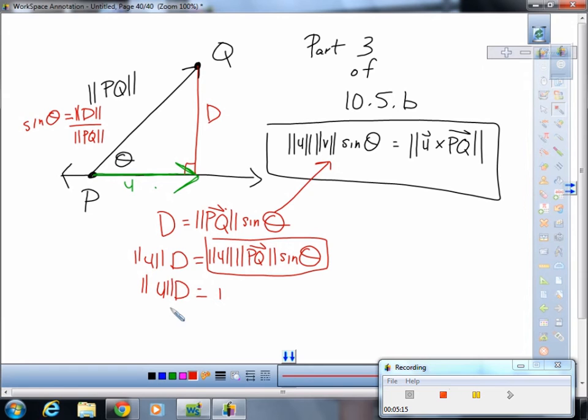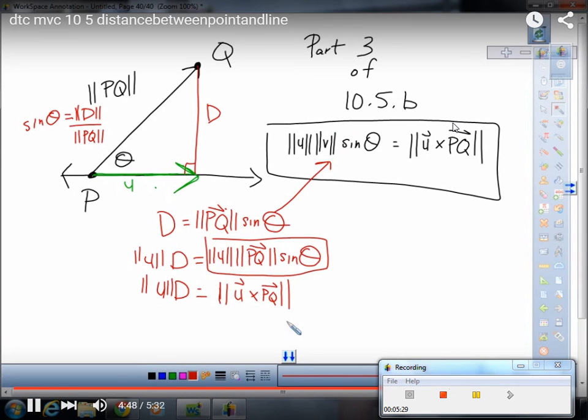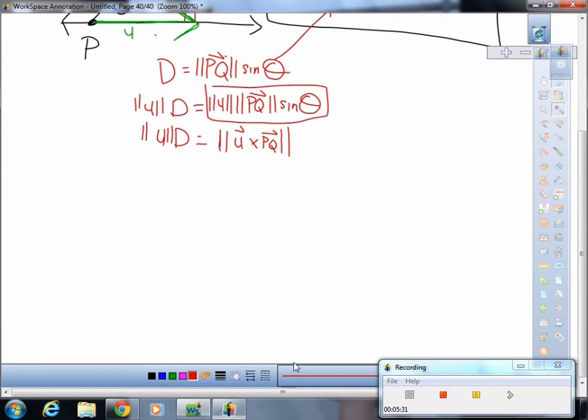Rewrite the magnitude of U. There you go. So I've simply made a substitution here. Does everybody see that? And then in order to solve for D, the distance between the point and the line, what am I going to have to do last? Divide by the magnitude of U. And now we'll have our distance between a point and a line equation.